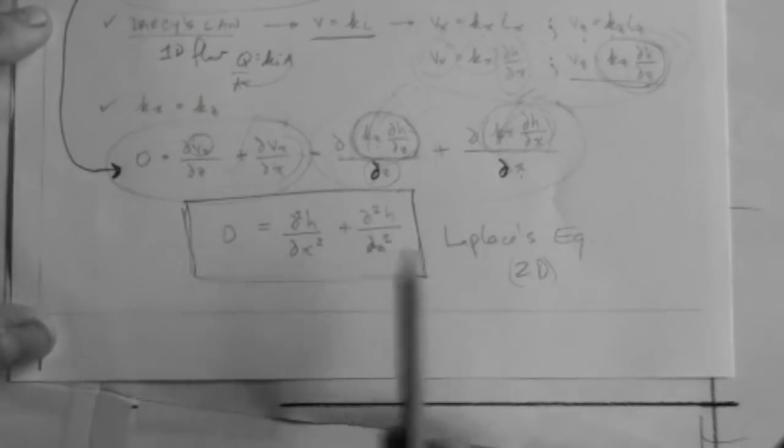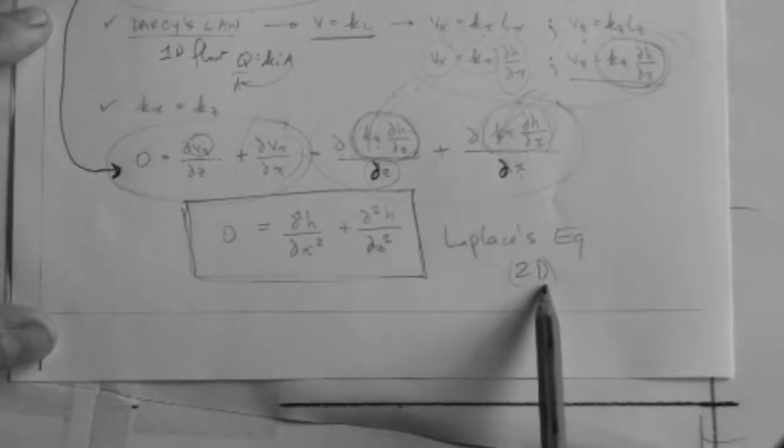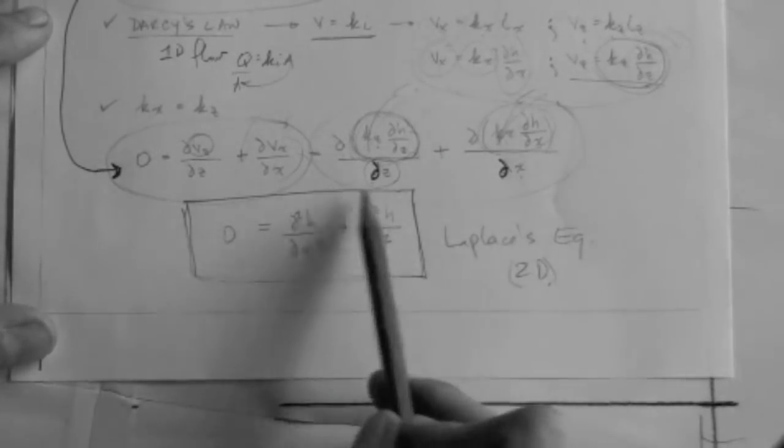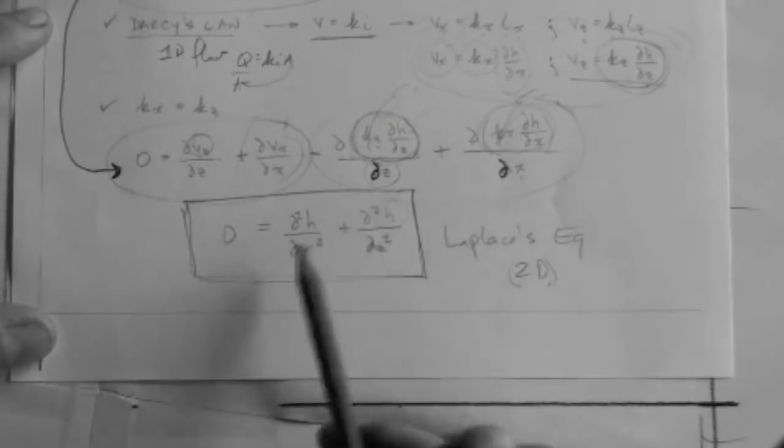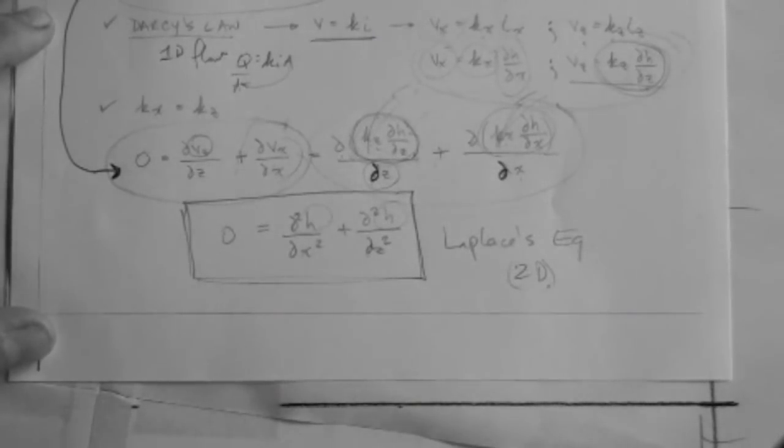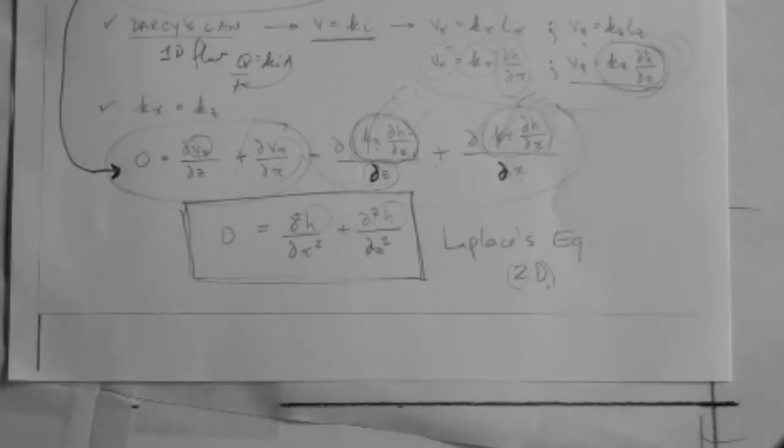This is Laplace's equation in 2 dimensions, where the term that is associated with the Laplace's equation is the head. Remember that head is the term that we use for energy, even though head doesn't have units of energy, it has units of distance. Okay?